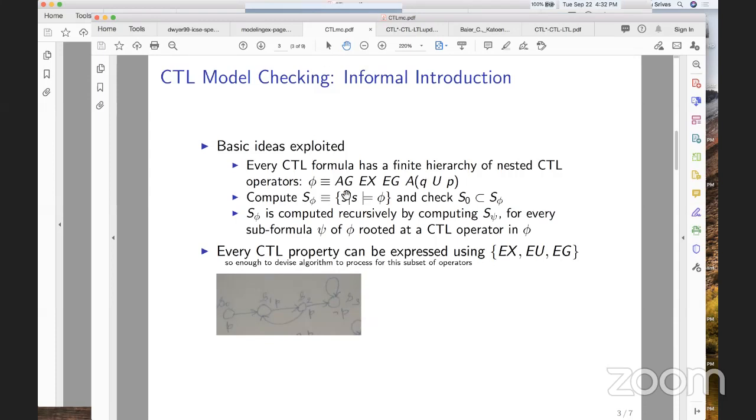So what are the basic ideas exploited? This is only for CTL model checking. Notice that every CTL formula has a finite hierarchy of nested CTL operators.